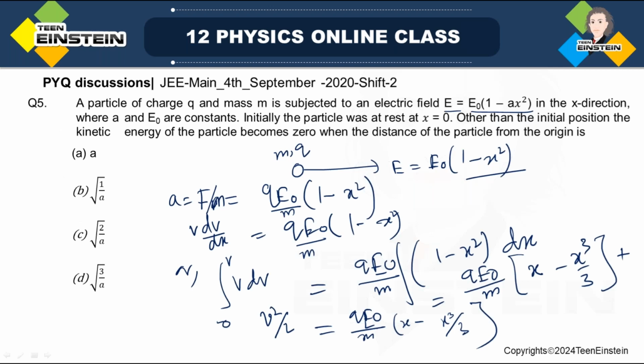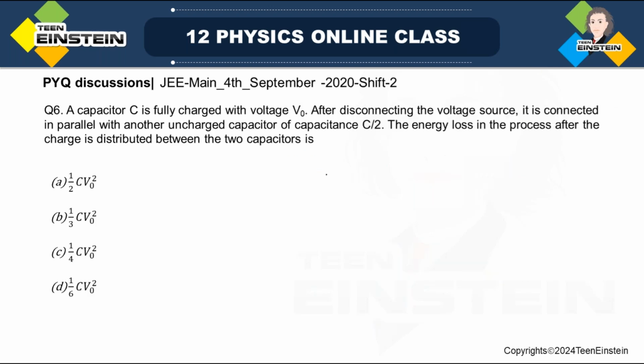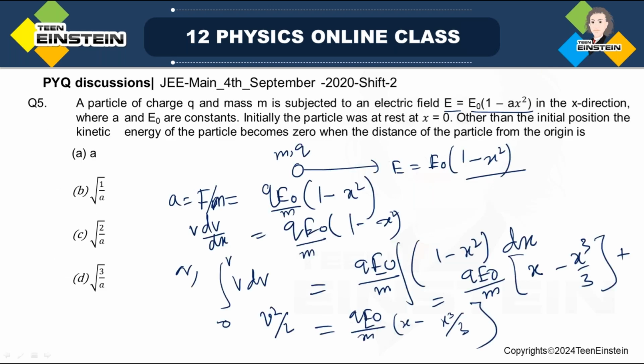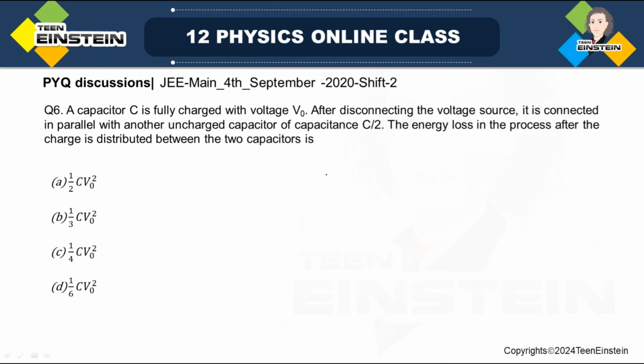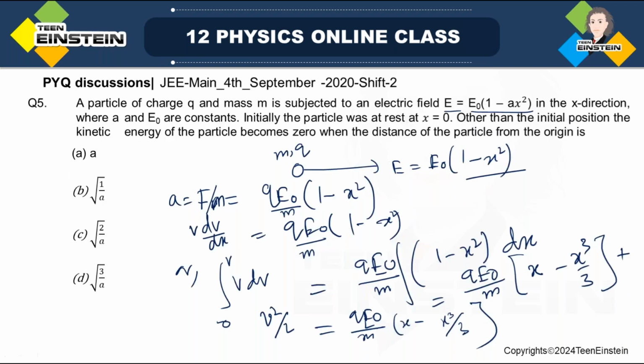Okay, let me write it properly. Sorry. I don't have space here. Let me write this part clearly. What is v we have got?